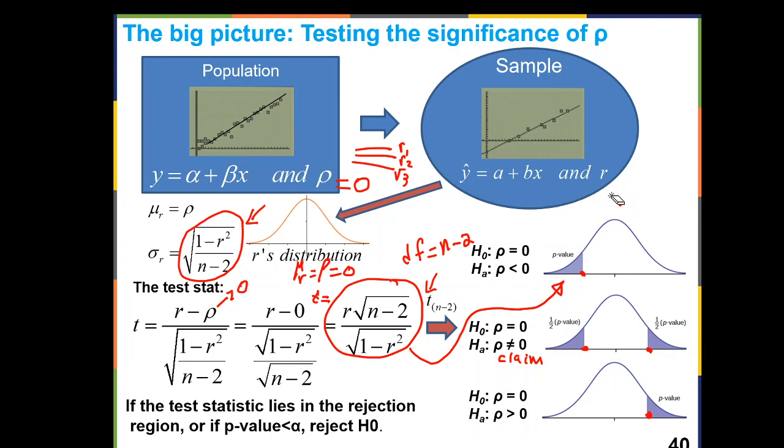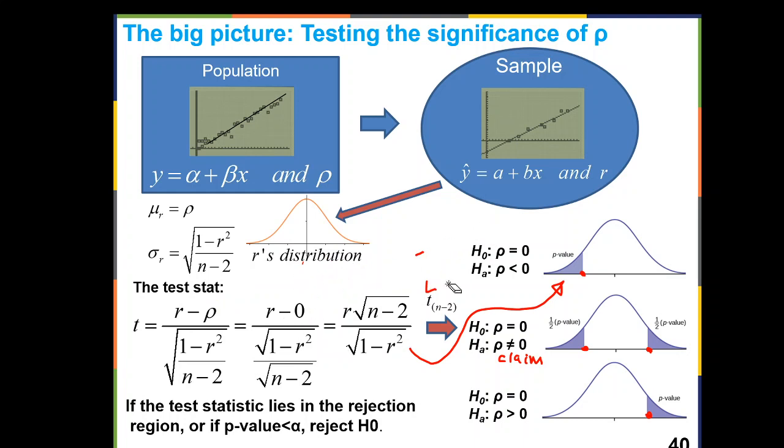All right, now there is another way to test this, and that is without using the T distribution. Again, that was the time when we didn't have calculators and computers, and working with T distributions was difficult. So instead, they used rejection regions on R. What they did, they said, we're going to set up for just different alphas, let's say 5% and maybe 1% and maybe 10%.